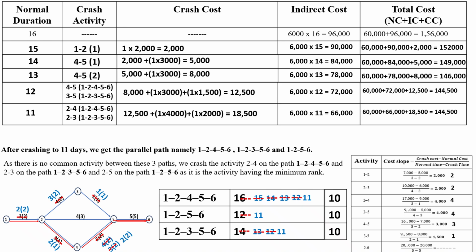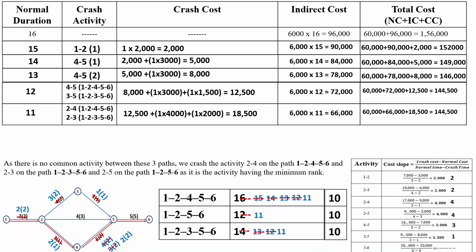So as there is no common activity between these three paths, you have to crash the activity 2 to 4 on the path 1, 2, 4, 5, 6 and activity 2 to 3 on the path 1, 2, 3, 5, 6 and activity 2 to 5 on the path 1, 2, 5, 6 as the activities having the minimum cost slope.